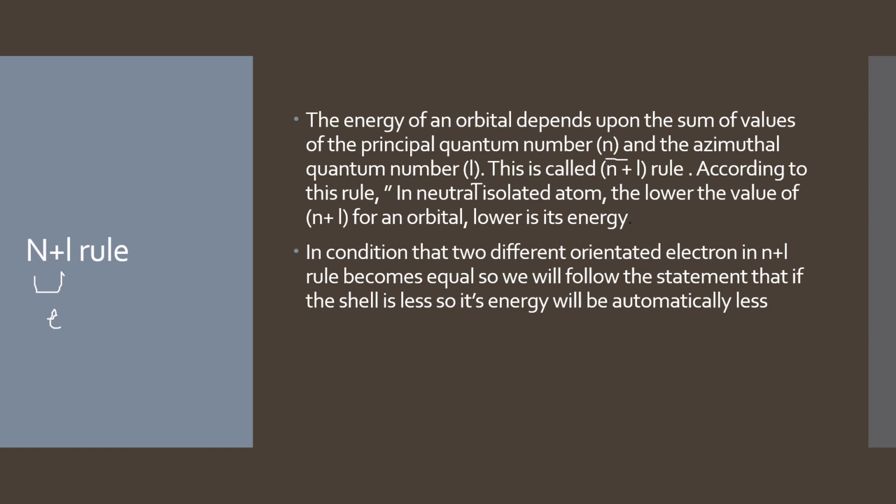According to the n plus l rule, in a neutral isolated atom, the lower the value of n plus l of an orbital, the lower the energy of the orbital. There is also a condition where n plus l becomes equal for two different orbitals. Let's discuss this condition later. First, let me tell you with an example.